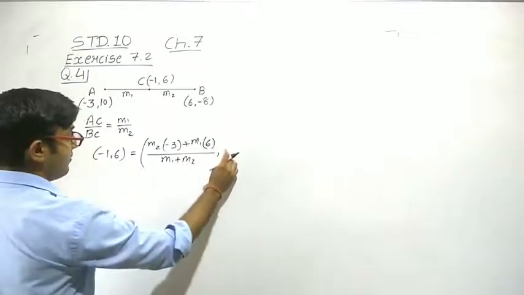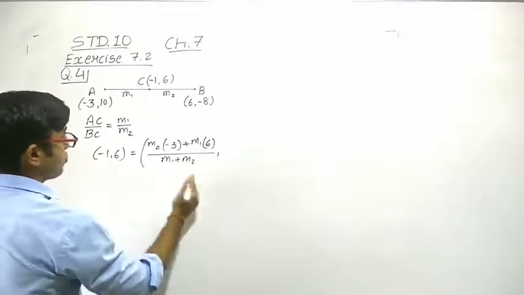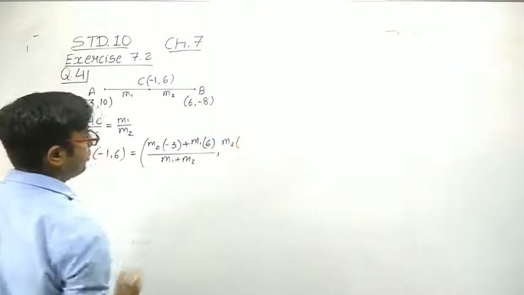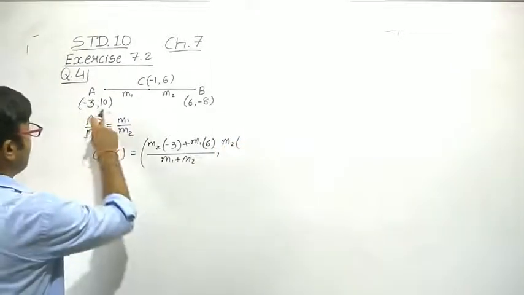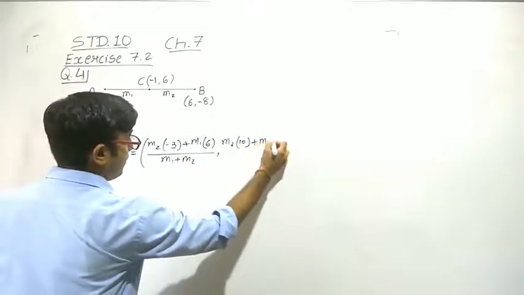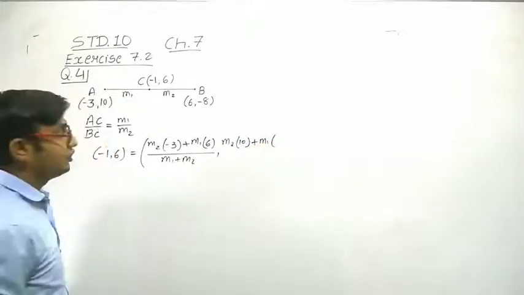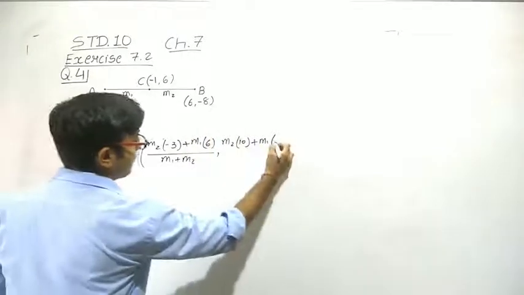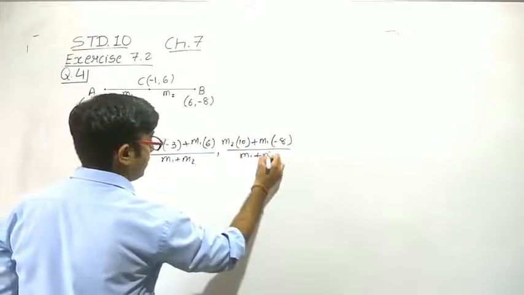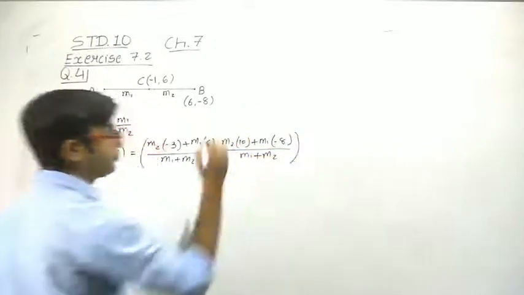In the same way we can write the y coordinate. The y coordinate is m2 into y1, and y1 is 10, plus m1 into y2, and y2 is -8, upon m1 plus m2.